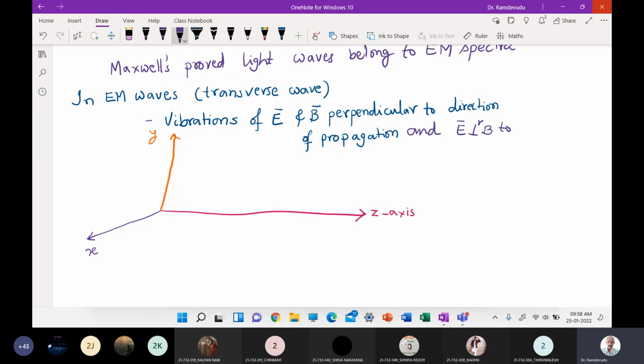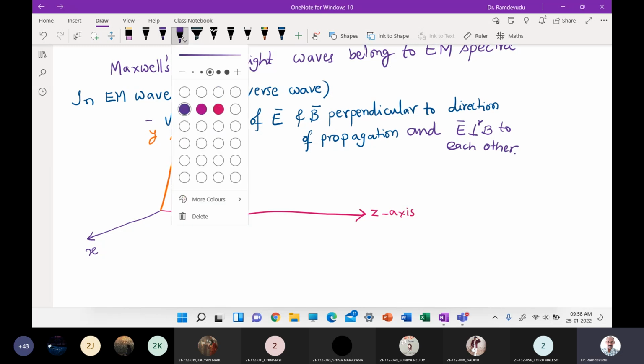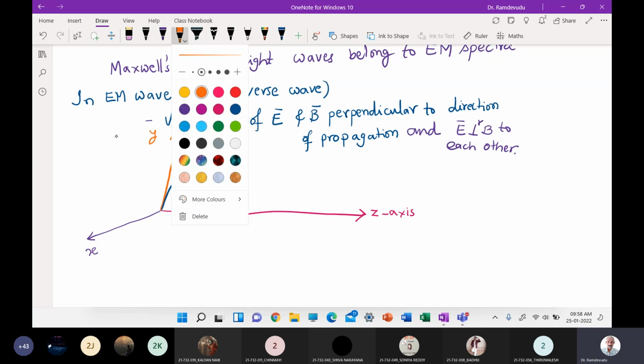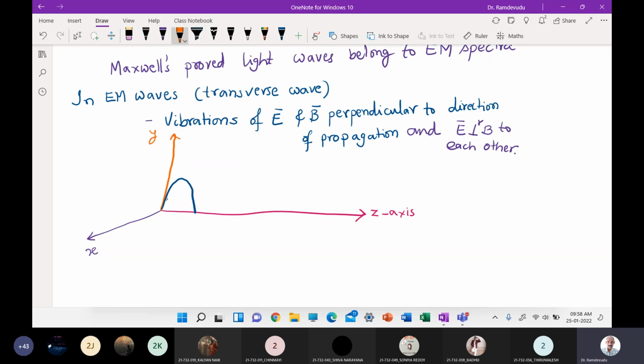Suppose I consider only the E vector, vibrating perpendicular to the direction of propagation. In a medium, the particles of the medium vibrate like this.